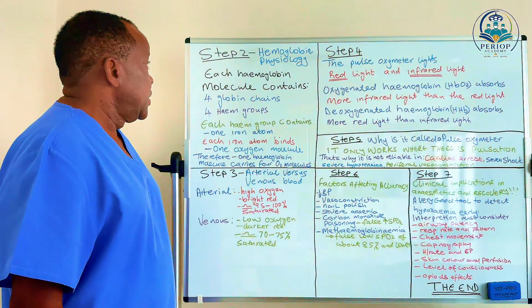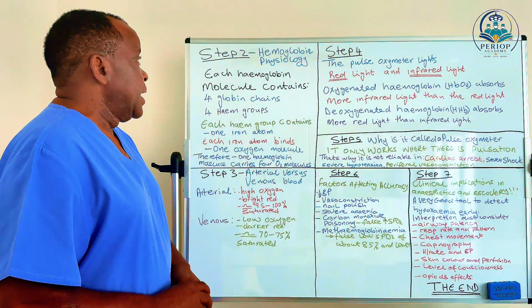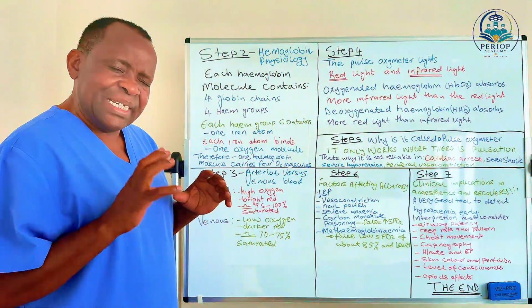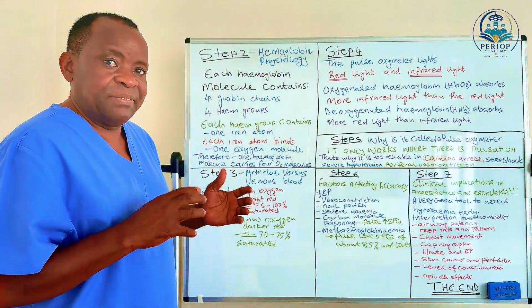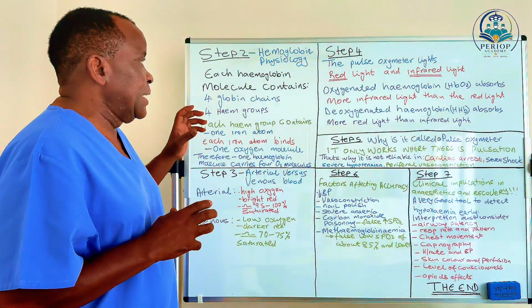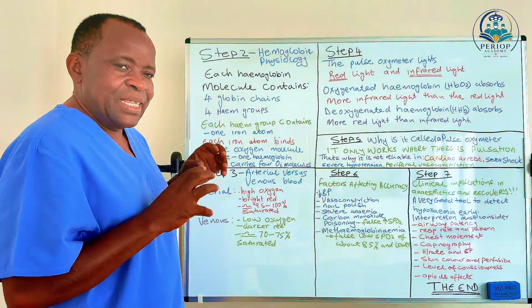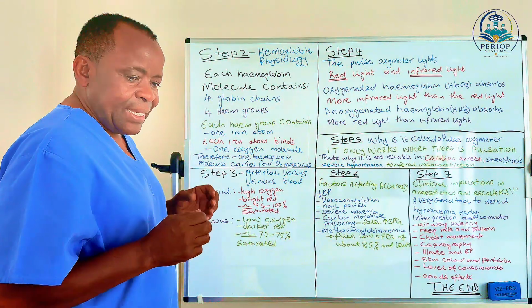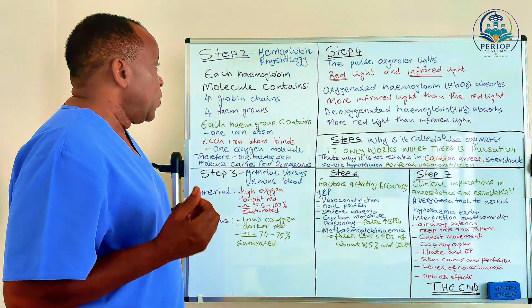In step 2, we want to look at hemoglobin physiology. It's just a brief overview, not exhaustive. Like I said, it's a very intense topic on its own, but I've extracted the essentials which will make us able to discuss how the pulse oximeter works.